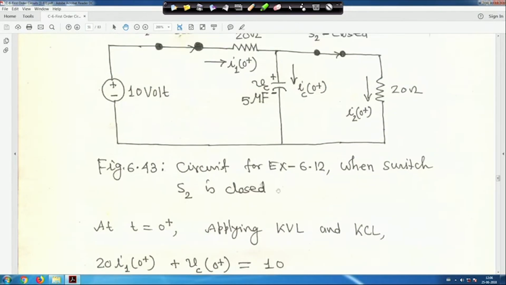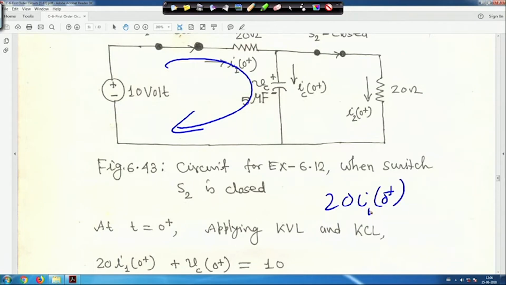As soon as the switch is closed, a little understanding is required. You apply KVL, so it will be 20 I1(0+), just after switching, plus the voltage across the capacitor at that time, Vc(0+), minus 10 equal to 0, right.